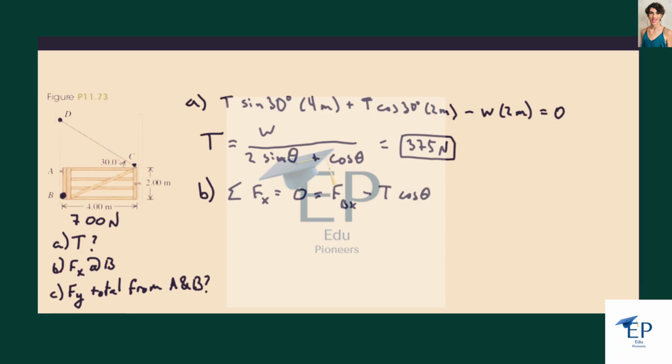And only the tension is providing any other horizontal forces in this problem. So the horizontal component of the force at B is equal to 325 newtons.